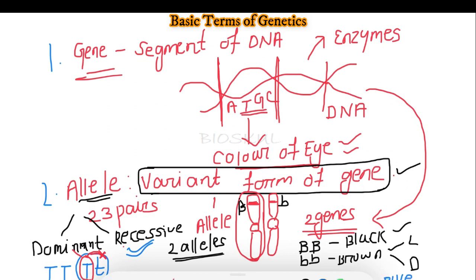A recessive allele is that allele which is suppressed by the dominant allele. Always the dominant form is represented by a capital letter, and the recessive form by a small letter. Now we'll see another 2 terms.